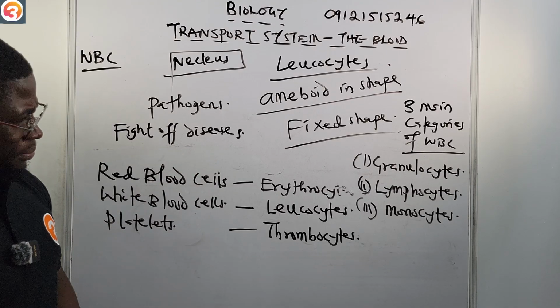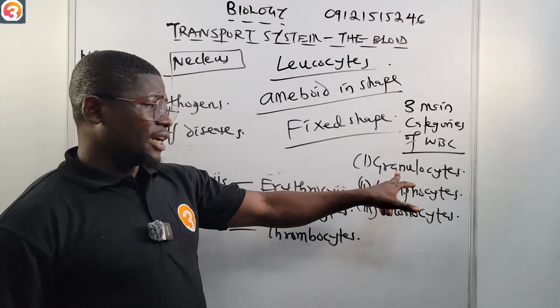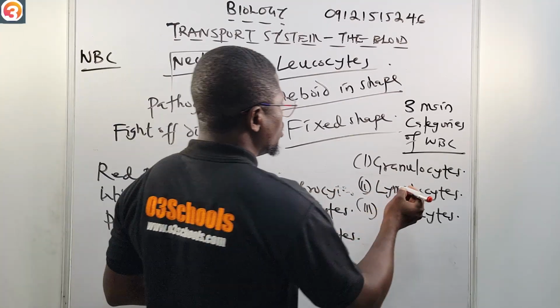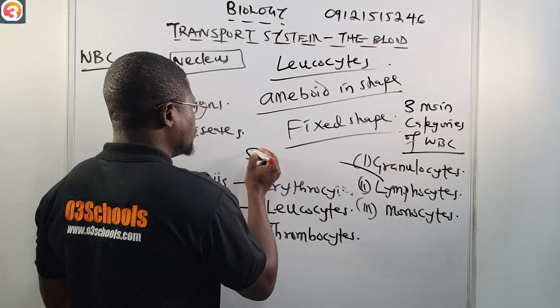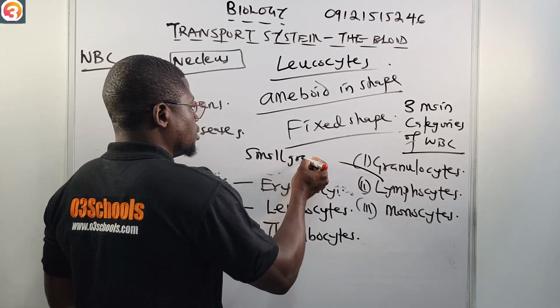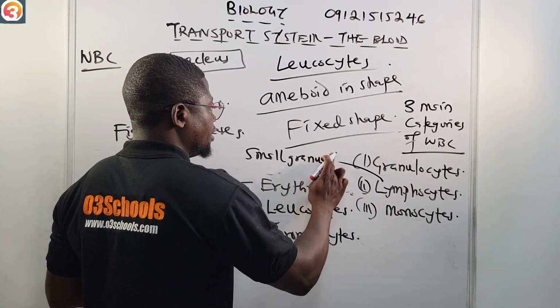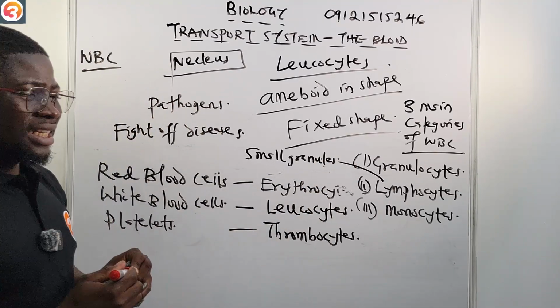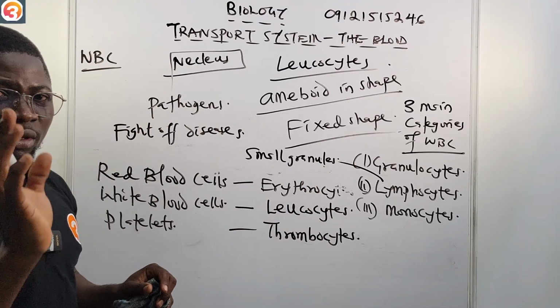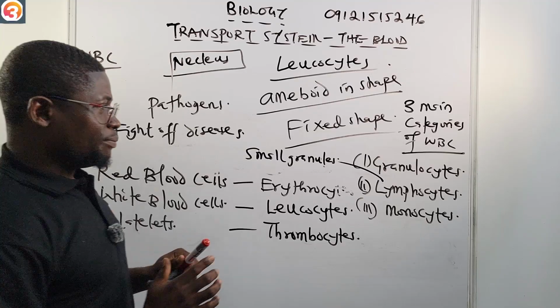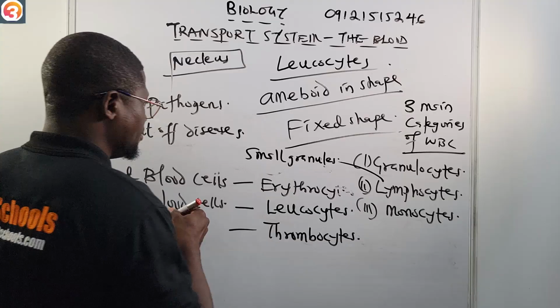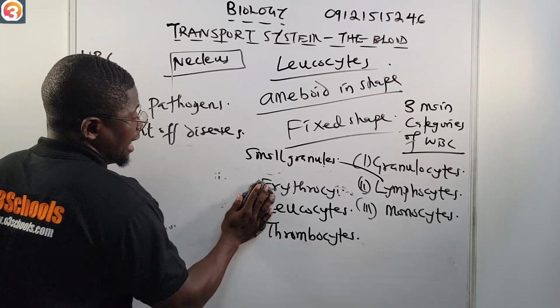Granulocytes have small granules, and apart from having small granules, they are majorly divided into three.